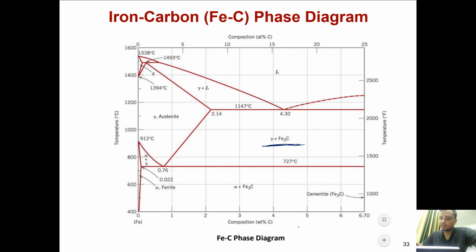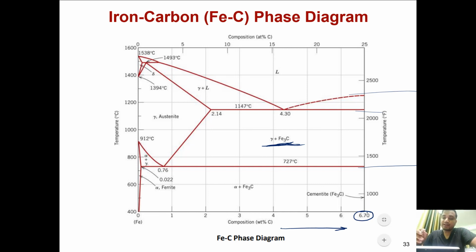And one thing is that here the weight percentage of carbon is taken up to only 6.7, because at 6.7 we get Fe3C, and beyond that everything remains the same. So there is no need to go further, only up to 6.7% we can understand.